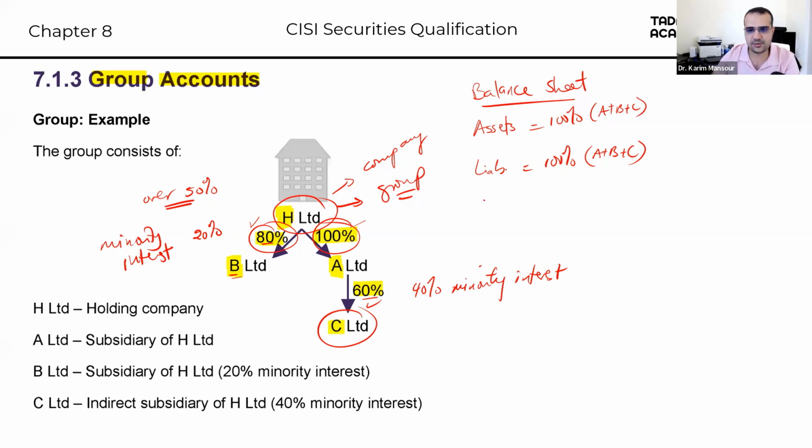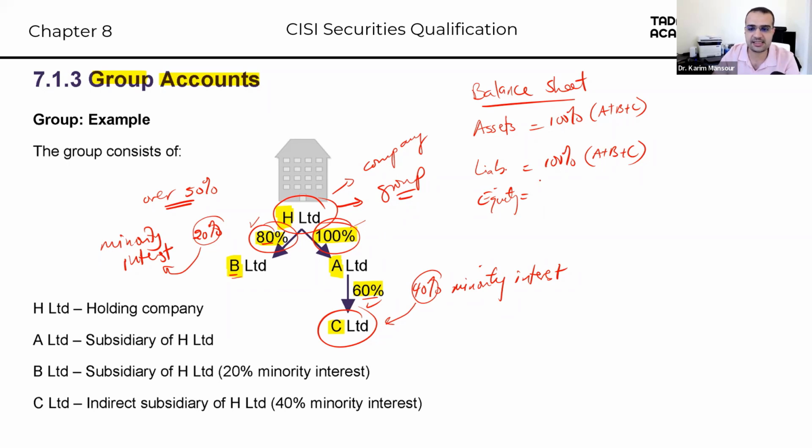The only difference is when it comes to equity. Since H doesn't own all of the equity of B and C, remember, there is 20% equity to a minority interest of shareholders in B, and there is 40% in C to minority interest. So when it comes to equity, H as a group lists under equity what it actually owns.